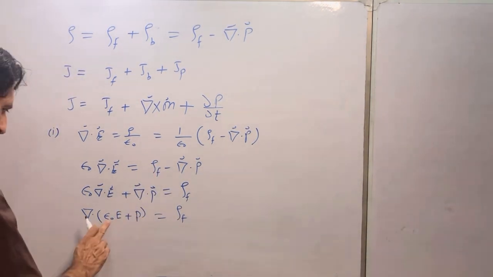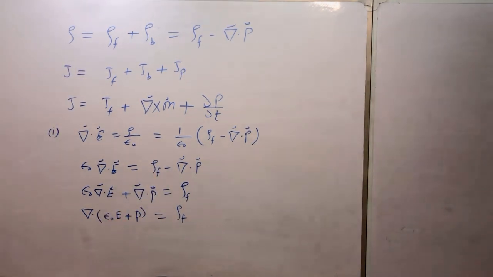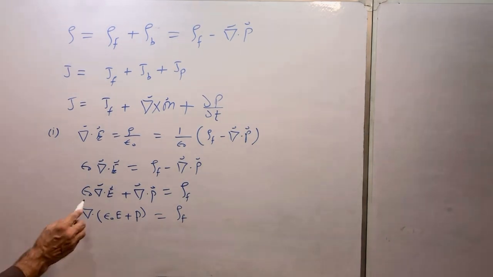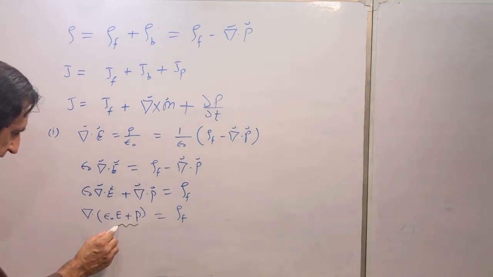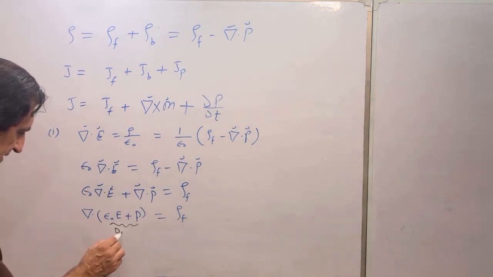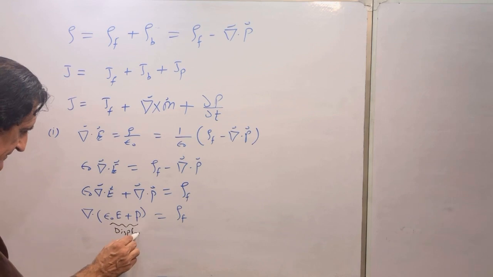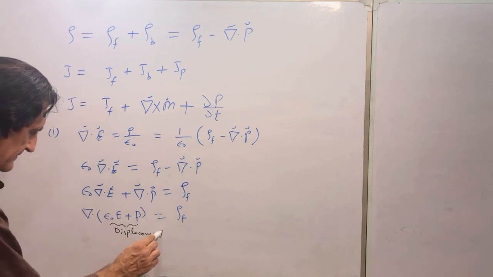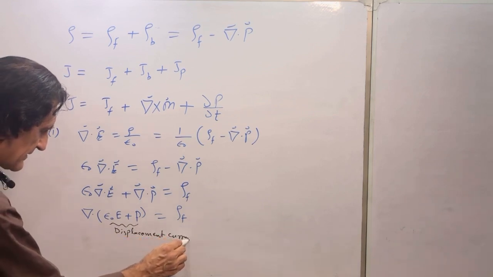And this epsilon naught E plus P is nothing but the displacement vector.